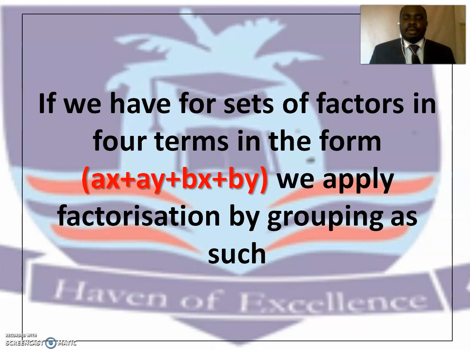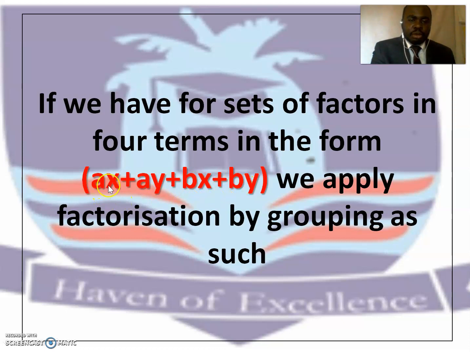Now, for factorization by grouping, what if we have an expression of this form? ax plus ay plus bx plus by. Looking at this in general, we immediately realize that there is no common factor. We have a common in the first and second term, but it is not present in the third and fourth term.